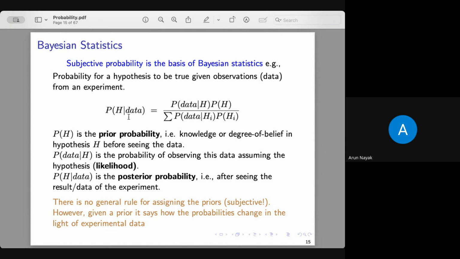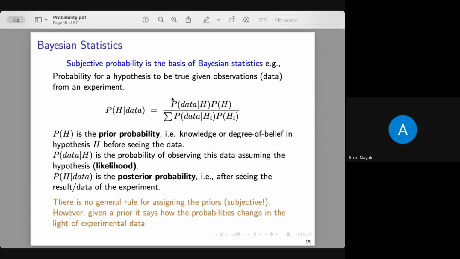So here, this one is the prior probability for the hypothesis. Then this is called the likelihood of observing the data given the hypothesis. And this is the posterior probability of having that hypothesis true or false after seeing the data.